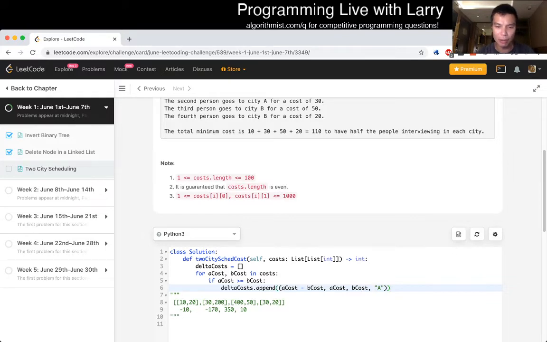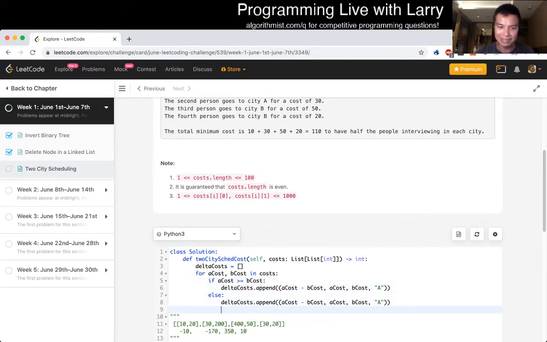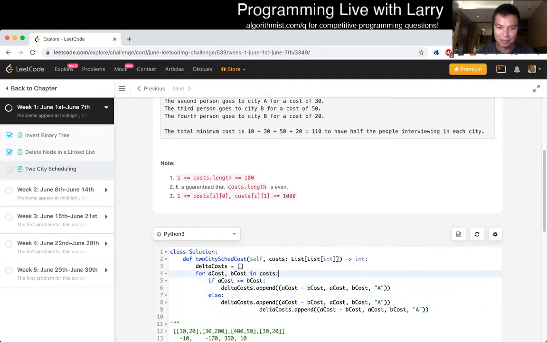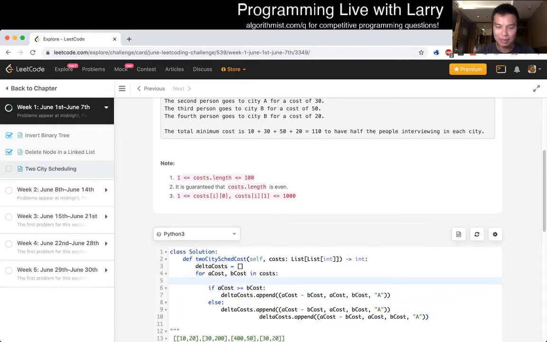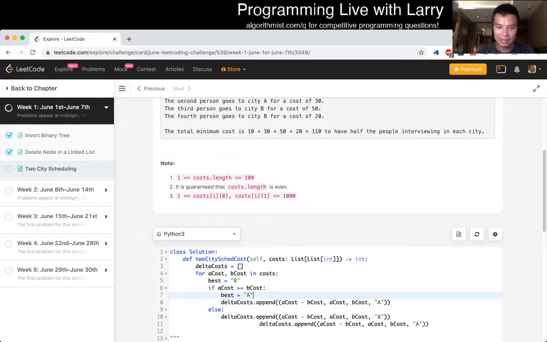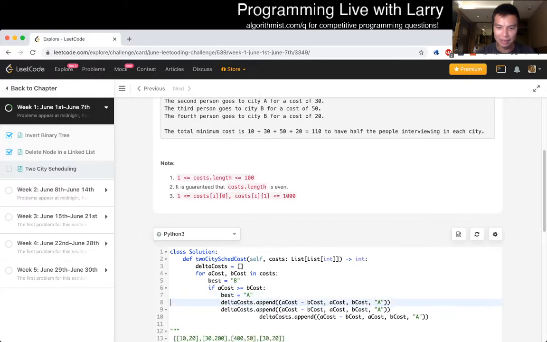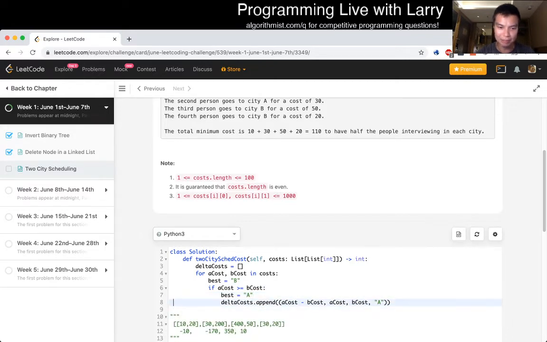I think it should be okay. And then else is the same thing really, but with B. So actually we could probably refactor this, and let's just do best is equal to A. If this is the case, then best is equal to A. And then now we can just do this, right?